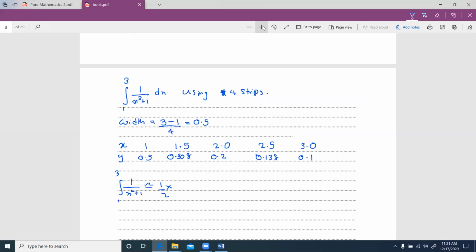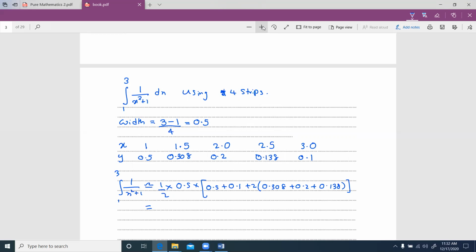The gap between these two values, 0.5, times the first y coordinate, 0.5, plus the last y coordinate plus 2 times the intermediate coordinates, 0.308 plus 0.2 plus 0.138. Then if you work this out, you get the approximated answer for this integration.